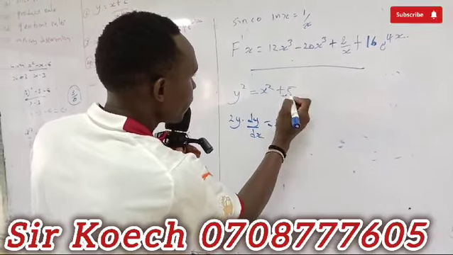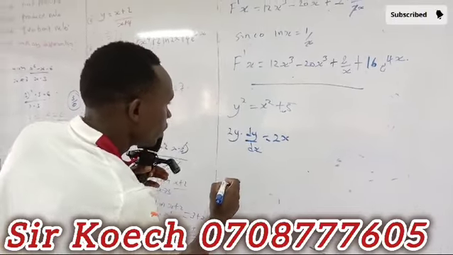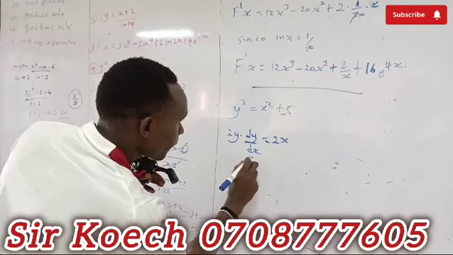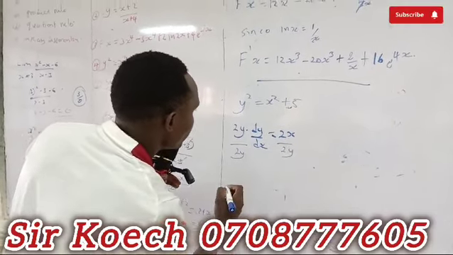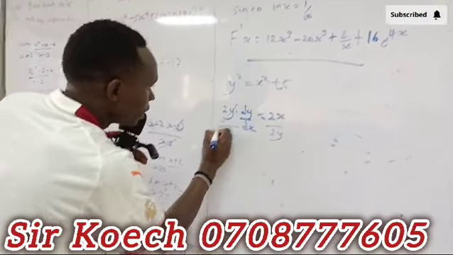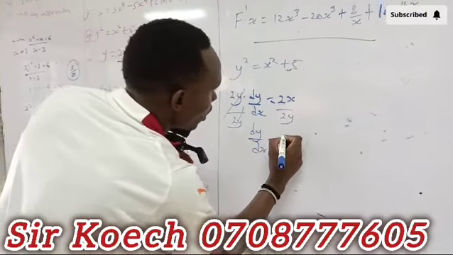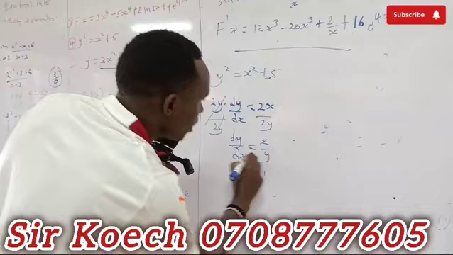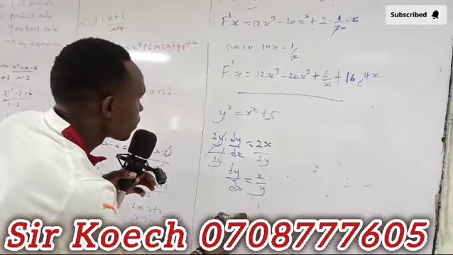If I differentiate this one, I get 0. So divide by 2y, divide by 2y. So this one and this one cancel. dy over dx is equal to x over y.